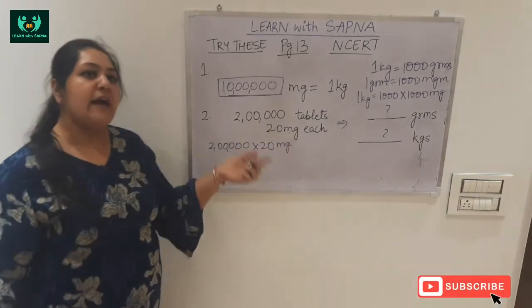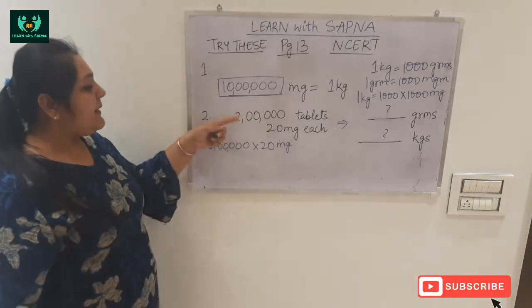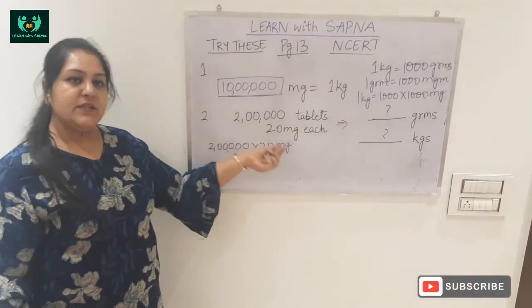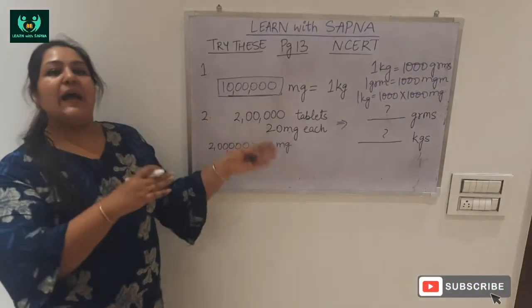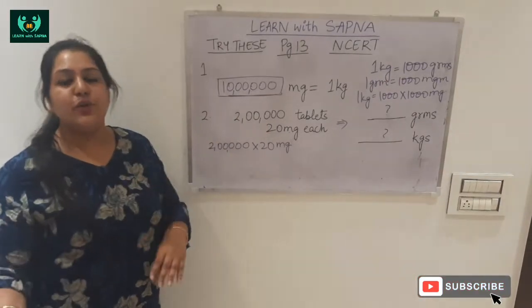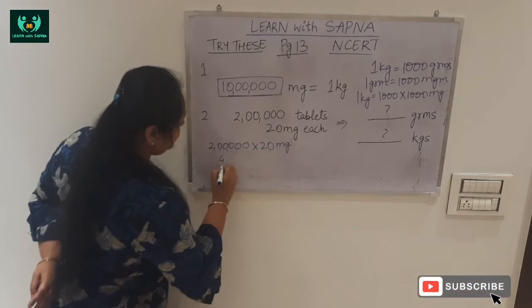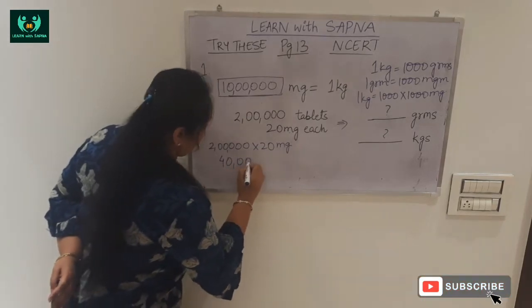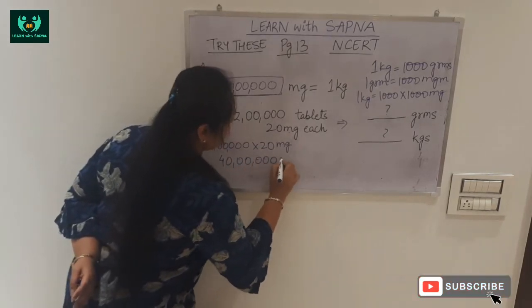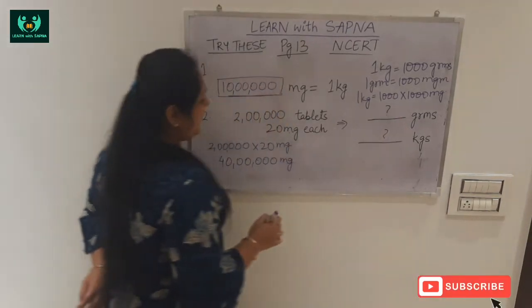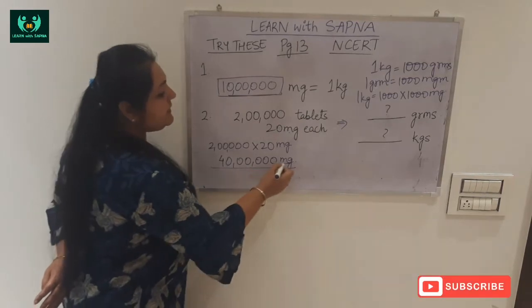How many tablets do we have? 2 lakh. So we'll multiply them. We'll get the weight in milligram because each tablet is weighing 20. So 2 lakh will weigh how much? Each into 20 milligram. So we'll multiply that. We'll get 40 lakh milligram.